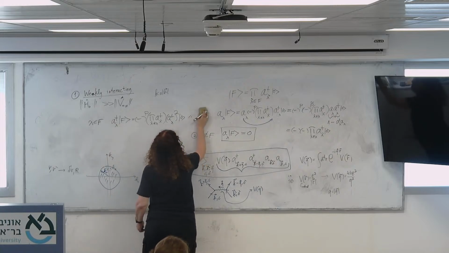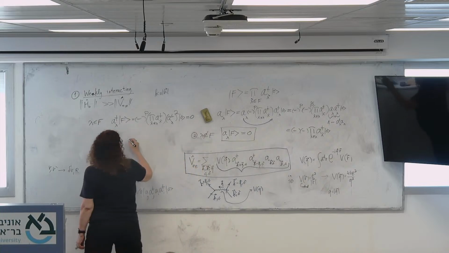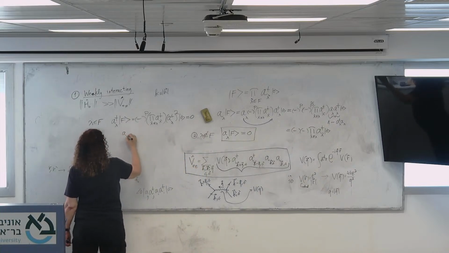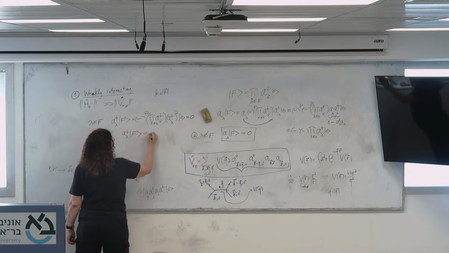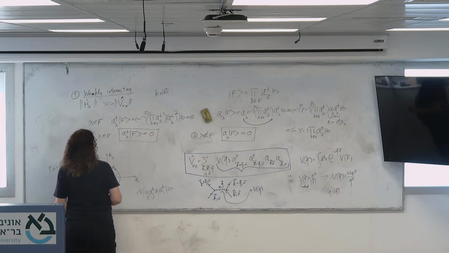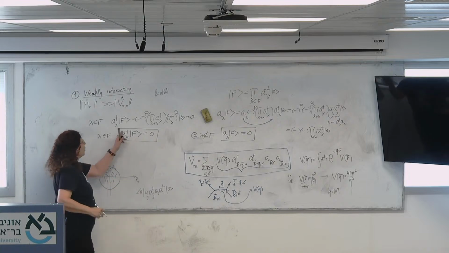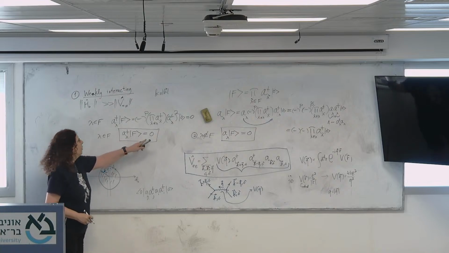Okay? So I actually have two ways of, let me write it down here and try to summarize it. If lambda is inside the Fermi sea, then if I apply a creation operator, I get zero.